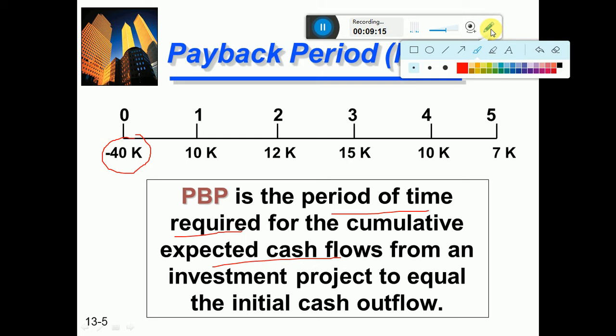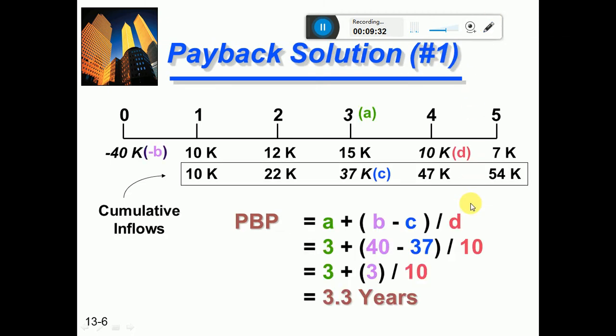So now we have to compute and determine whether this project returns the $40,000 in the required period or not. In this question, we are trying to determine the payback period, which is computed as 3.3 years.